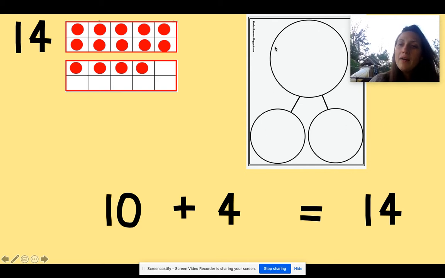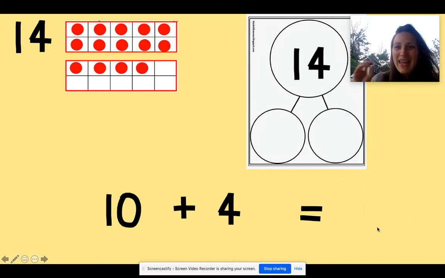And what number goes into the big circle at the top? What number? If you said the big number or the whole number, you are correct. And which number down at the bottom is my whole number? It's 14. 14 is my big number today. That's my whole number.